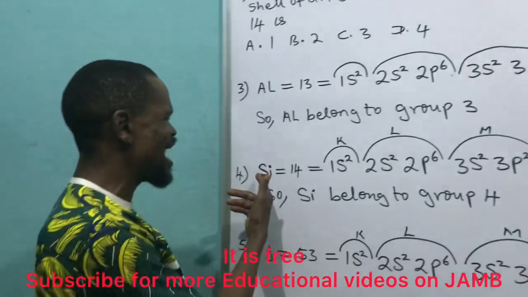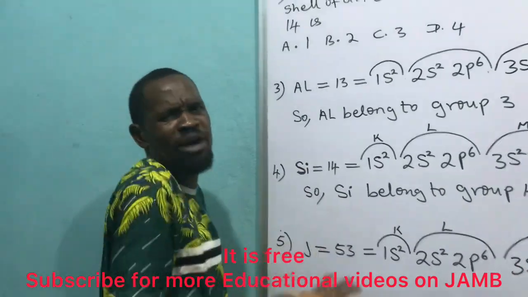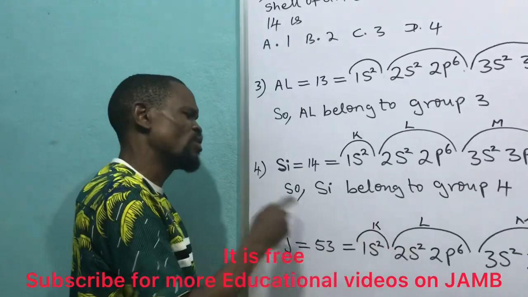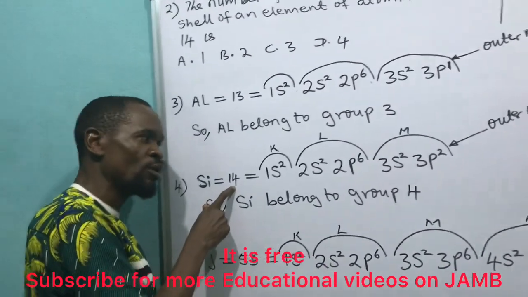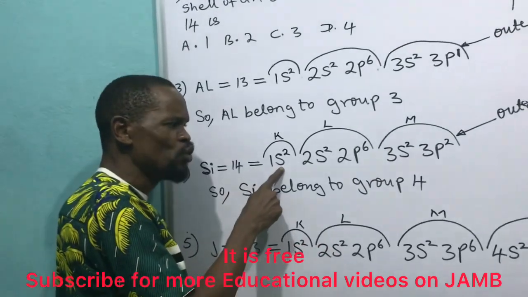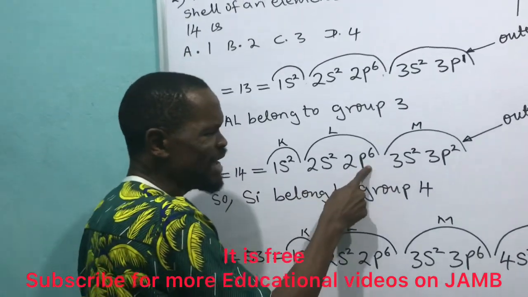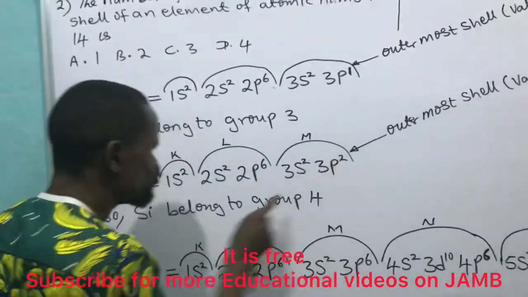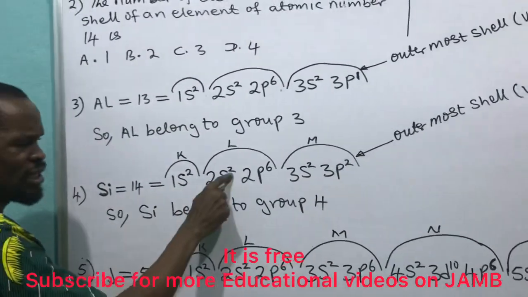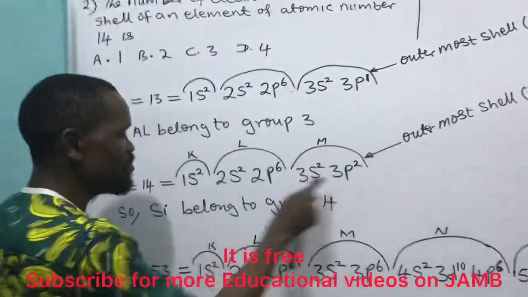Then let us look at number 4, which solves our question: silicon. It has an atomic number of 14. And I said 1s2, 2s2, 2p6, 3s2, 3p2. Check the electrons: 4, 10, this gives me 14.